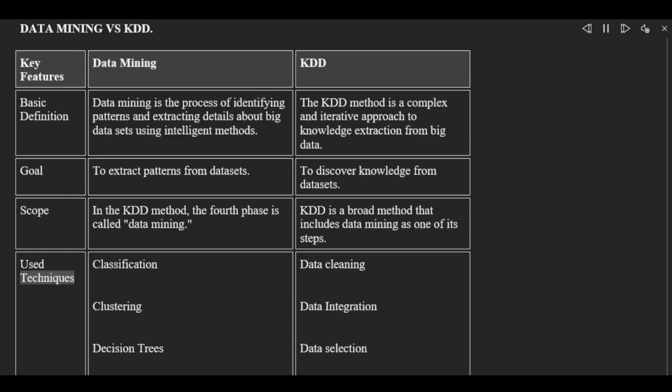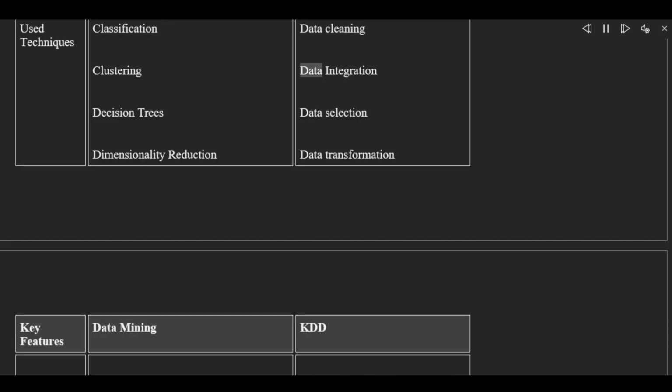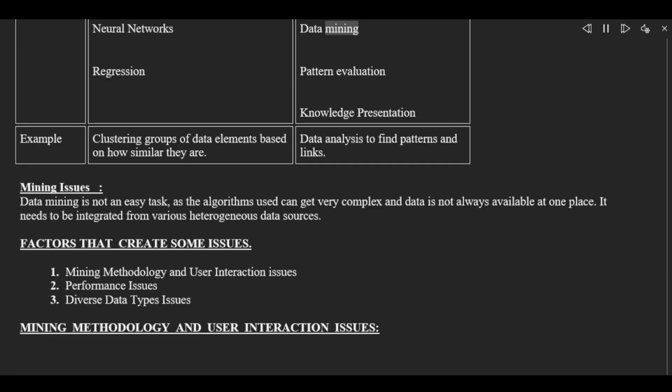Used techniques: classification, clustering, decision trees, dimensionality reduction, neural networks, regression, data cleaning, data integration, data selection, data transformation, data mining, pattern evaluation, knowledge presentation. Example: clustering groups data elements based on how similar they are; data analysis to find patterns and links.